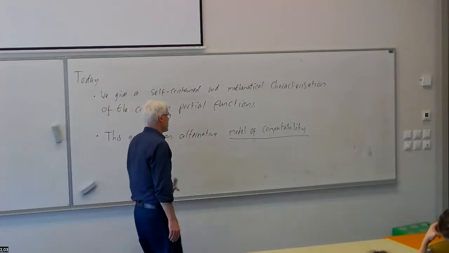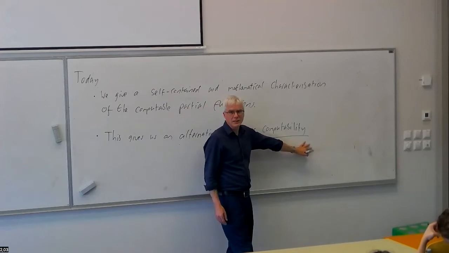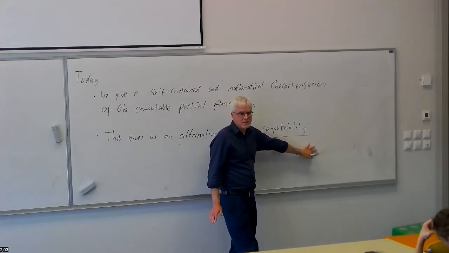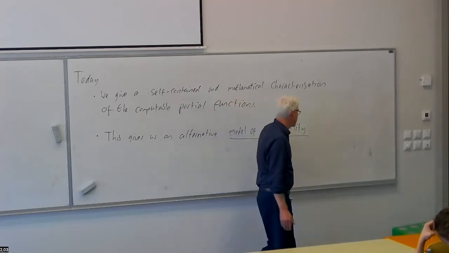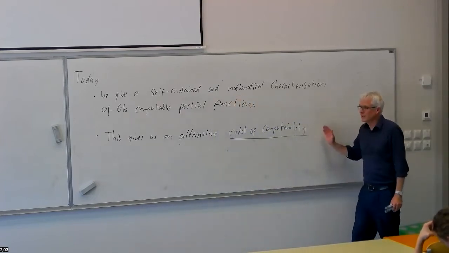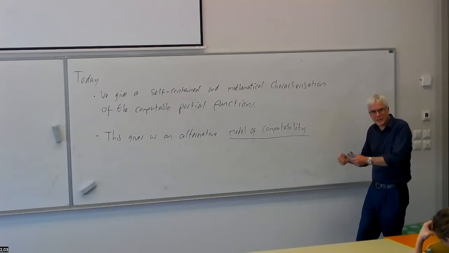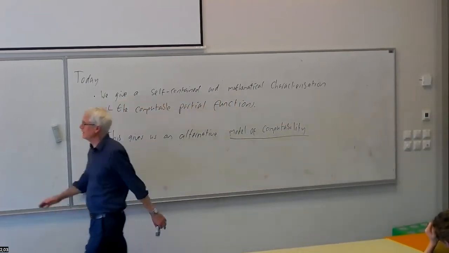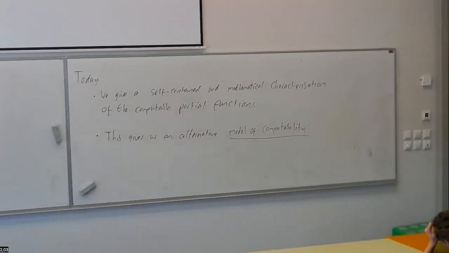So notice here I'm saying a model of computability rather than a model of computation. I mean, it's not really such a big distinction to make, maybe, but whereas Turing machines are clearly modeling the computation steps, our description here is not going to have explicitly a notion of how one computes and computation steps in it.